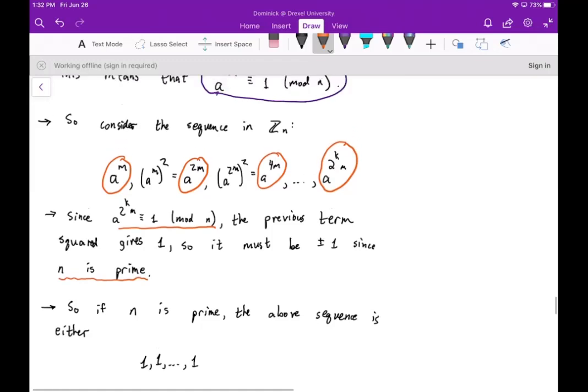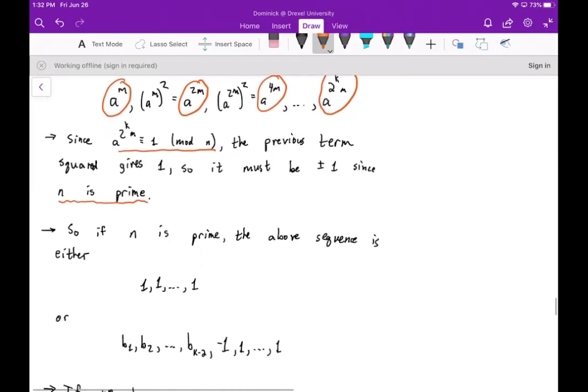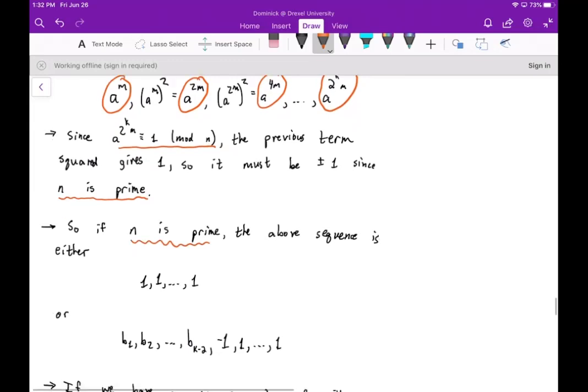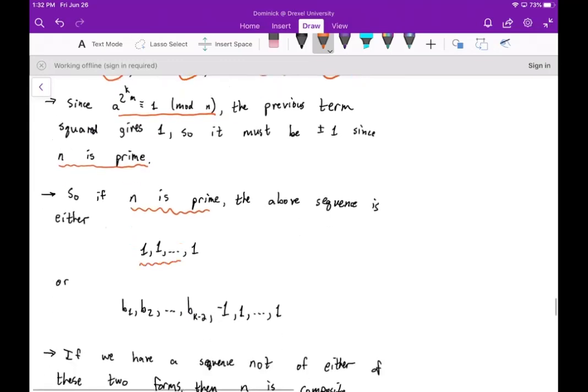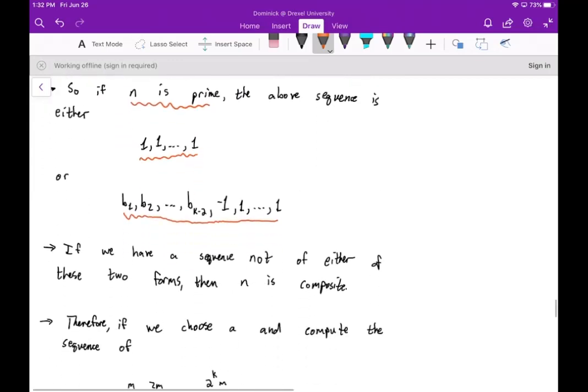So if n is a prime number, then our sequence is either all 1s, or the other option is that we get some numbers and then we get a -1, which once we square it becomes +1, and then it's 1 forever, until the end.